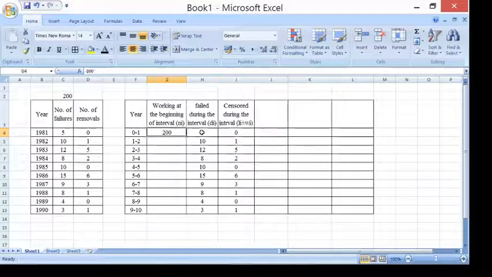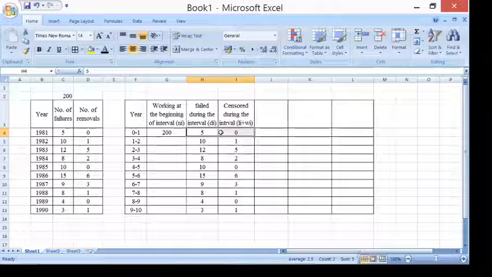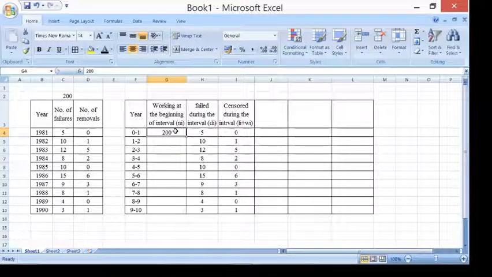So 200 minus these many engines will appear here. That is, if we start with 200 engines at time point 0 and during the time interval 0 to 1 some engines have failed and some have been censored, those many engines have to be subtracted from this 200.